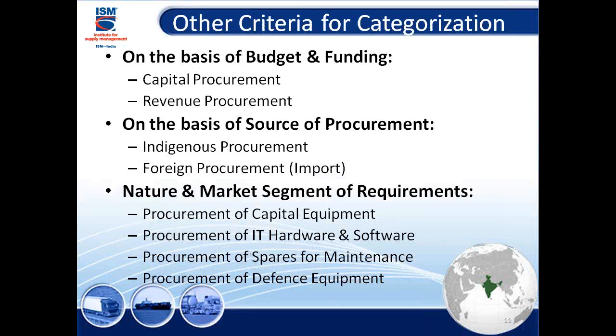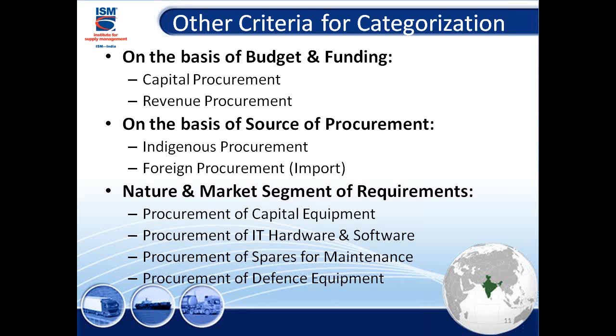Another categorization is, so far the categorization we took was a very simple way: goods, services and works. But now we're trying to do the categorization the way the budgets are made around. So the budget is made, I'm sure many of the organizations have capital budget, revenue budget. The capital budget means which is meant for buying capital goods, assets, so it's basically for the assets.